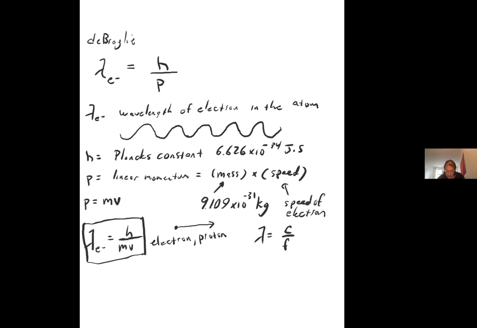That was earlier. That's what you use for photons. So make sure you're using this one for photons. If they ask what's the wavelength of a photon that has this frequency, you're going to use this one on the right. But if they say an electron is moving at this speed, what's the wavelength? You're going to use this one over here. All right, let's take a look at an example.